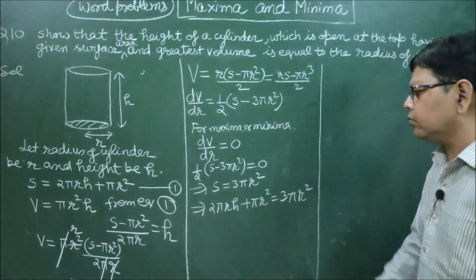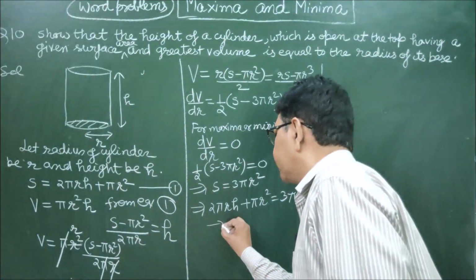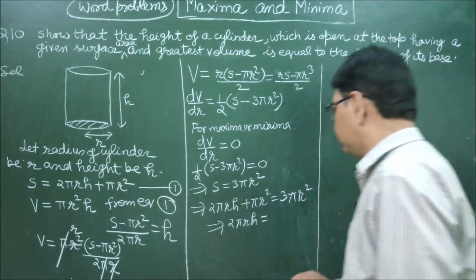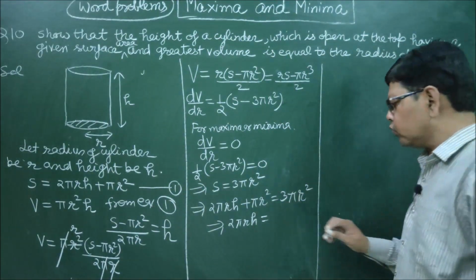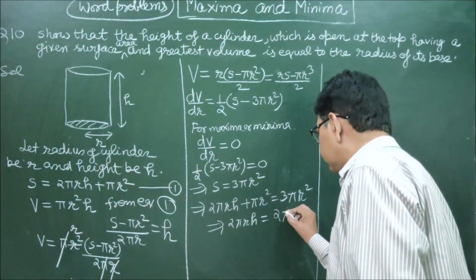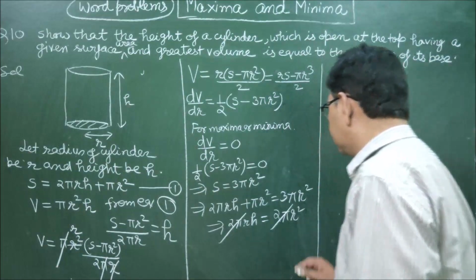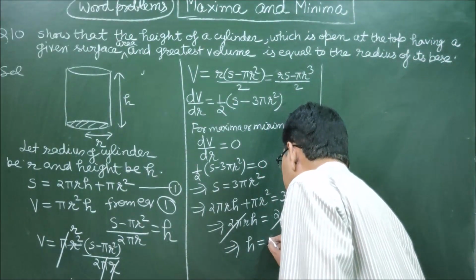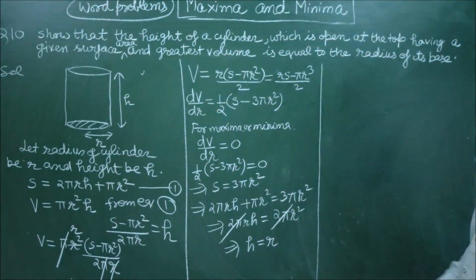So 2 pi r h is equal to 3 pi r square minus pi r square, which is equal to 2 pi r square. This 2 pi and 2 pi get cancelled, so r h is equal to r square, h is equal to r.